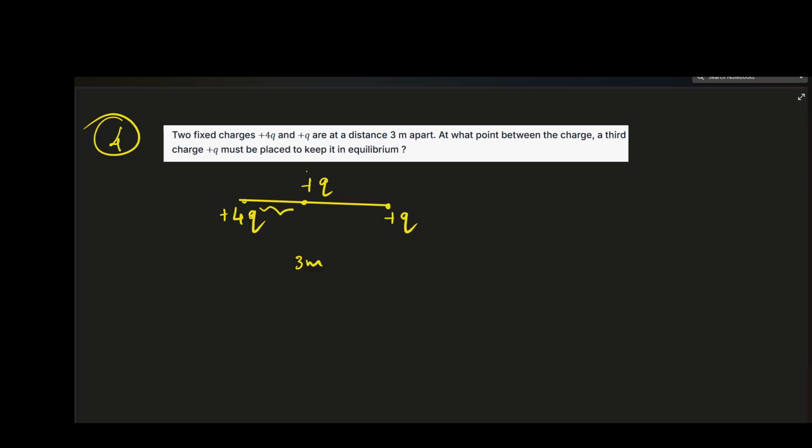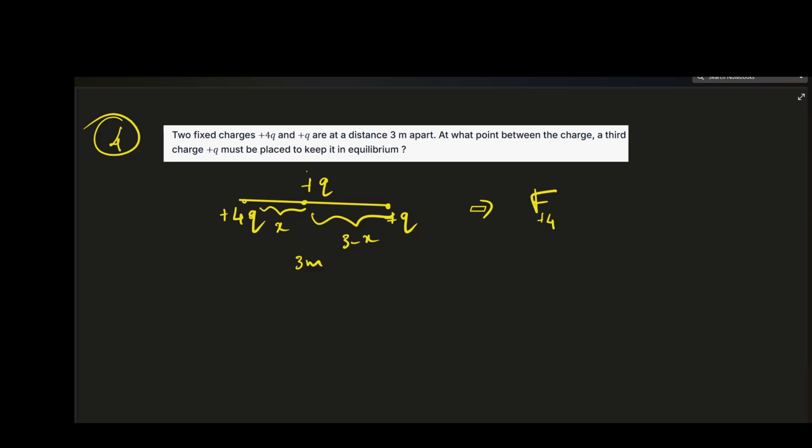So let's say this distance from 4q will be x and this distance will be 3 minus x. Since they are in equilibrium, it means the force on the charge plus q due to the charge plus 4q is going to be equal to the force on the charge plus q due to plus q.